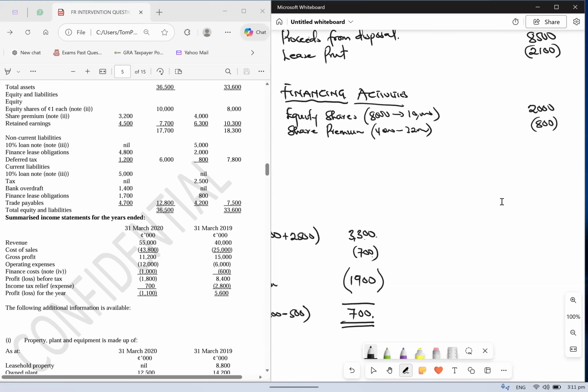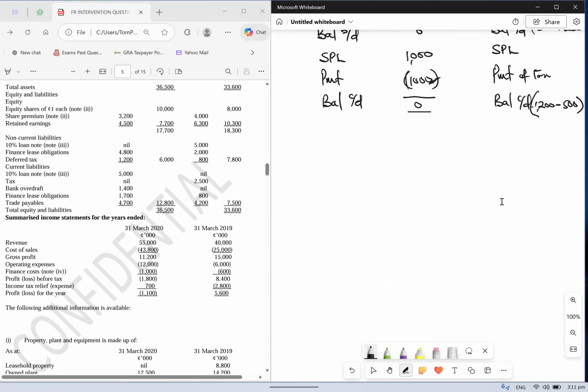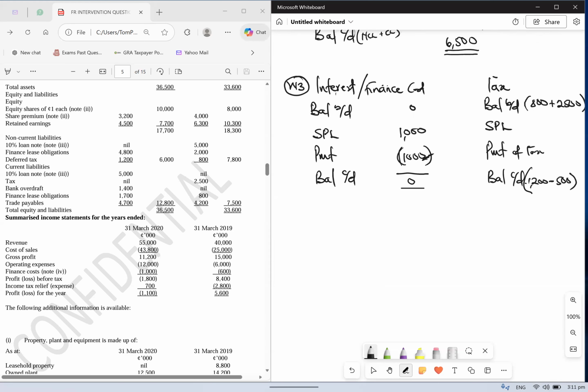Then the retained earnings, that is our workings. Now you ask yourself, workings on retained earnings. Your retained earnings increase when you get profits. If you saw in the publication, anytime we get profit, we add it to our opening retained earnings, then we get our closing.